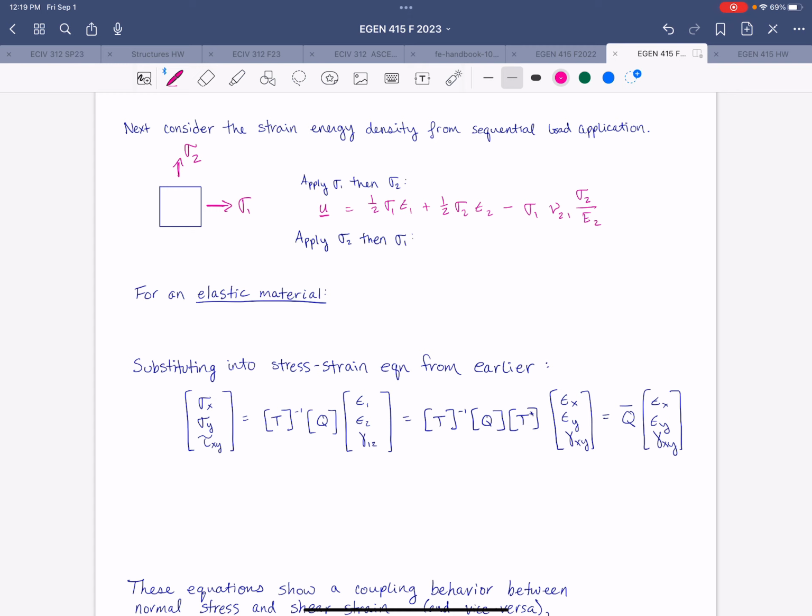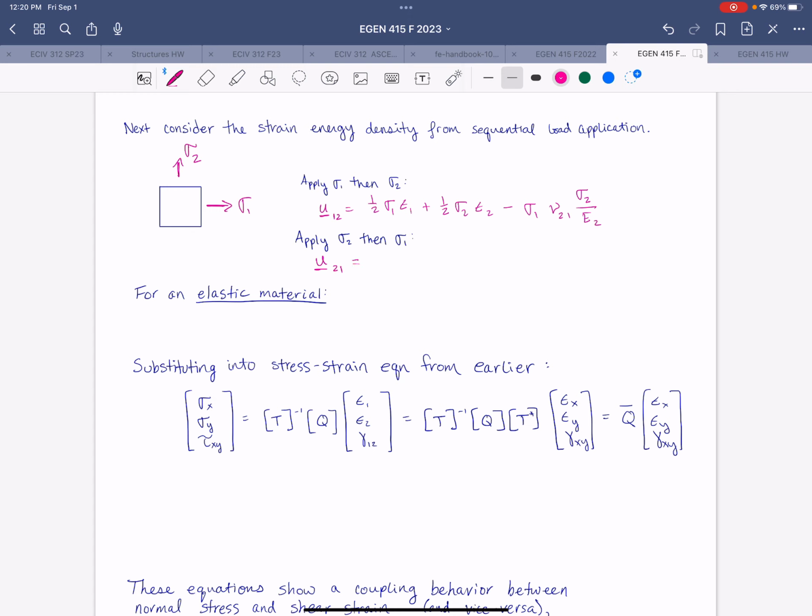And if we reverse the order of the stress application, applying sigma 2 first and then sigma 1, the strain energy density, and I'm actually going to go ahead and add subscripts to the strain energy density as well. So consistent with the order of stress application, the first one would be 1, 2, and then the second one would be 2, 1.